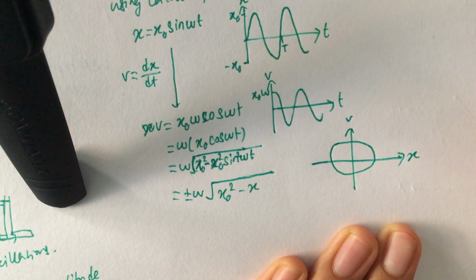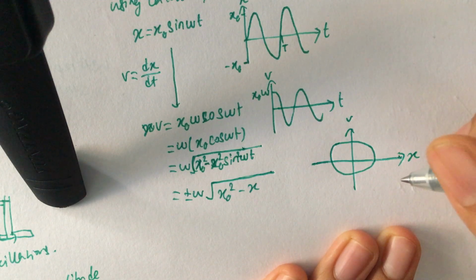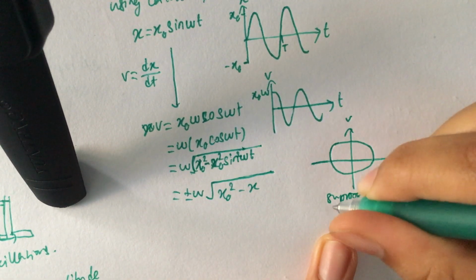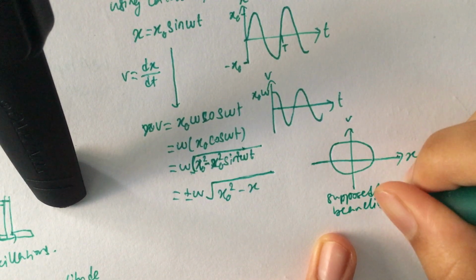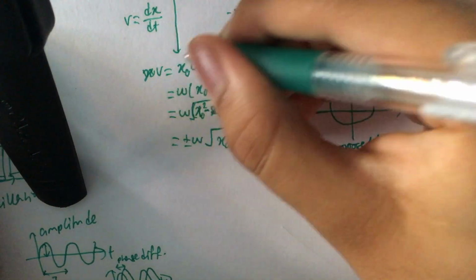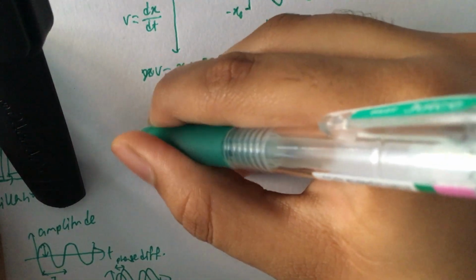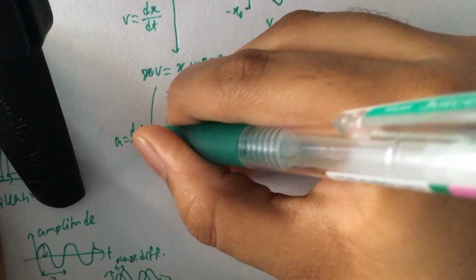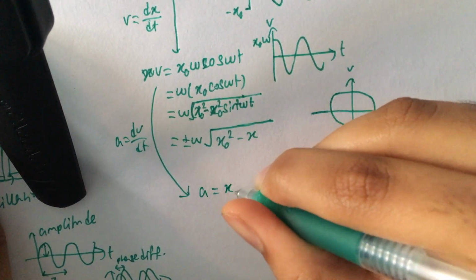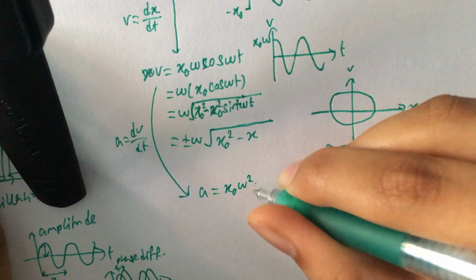As we differentiate x naught w cosine wt to get acceleration, what does that give us? That will give us negative x naught w squared sine wt. So what does that mean?